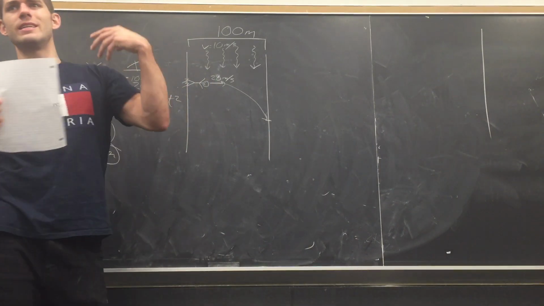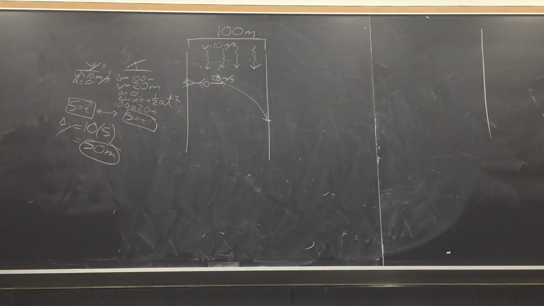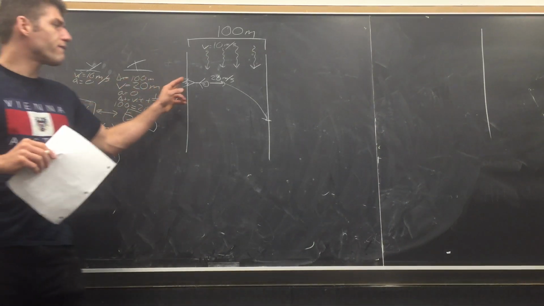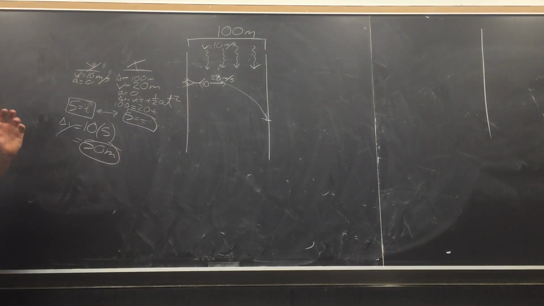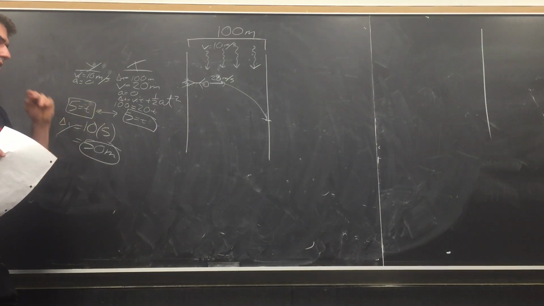Now if they ask for the distance, that means they don't really care about the x component or the y component. They just literally want to know, how far away are you? Just straight up, don't even give us a direction.